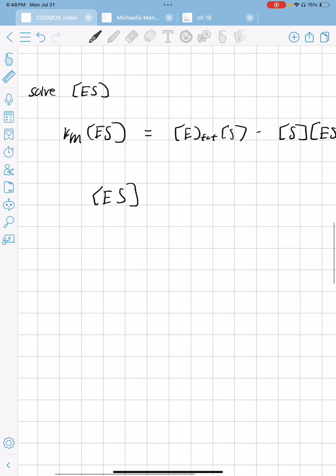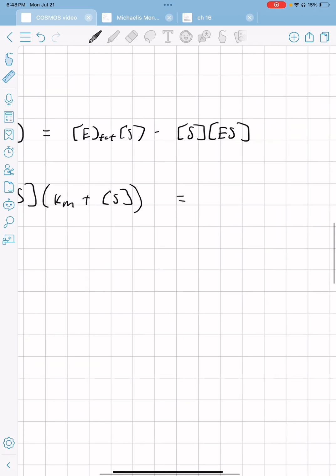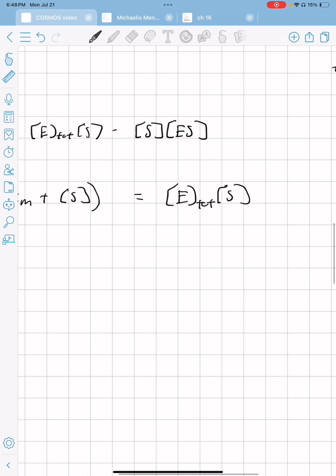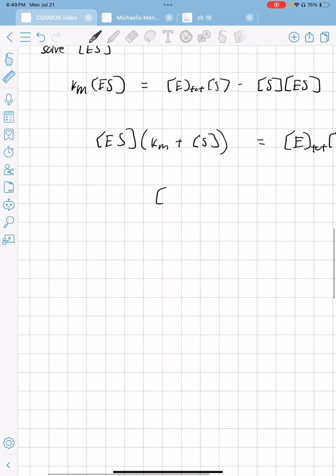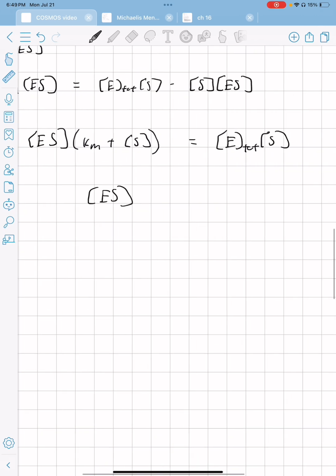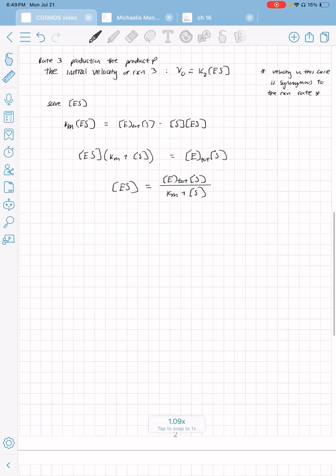We have the concentration of enzyme substrate complex times Km plus concentration of substrate is equal to concentration of total enzyme times substrate. And then the concentration of enzyme substrate complex is equal to the total enzyme present times substrate concentration divided by the Michaelis-Menten proportionality constant plus the substrate.